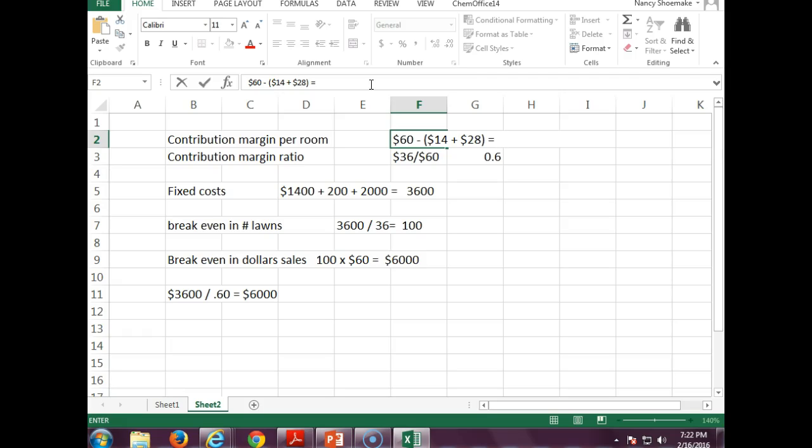So what's our contribution margin per room? 60 minus 42 equals 18 bucks. So our ratio is going to be $18 divided by 60. What is our ratio margin? 18 divided by 60 is 30%.